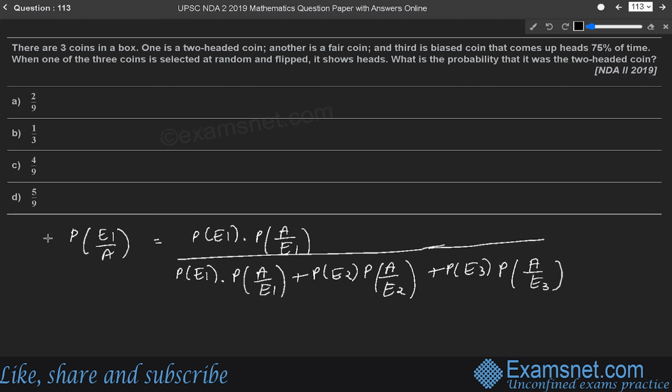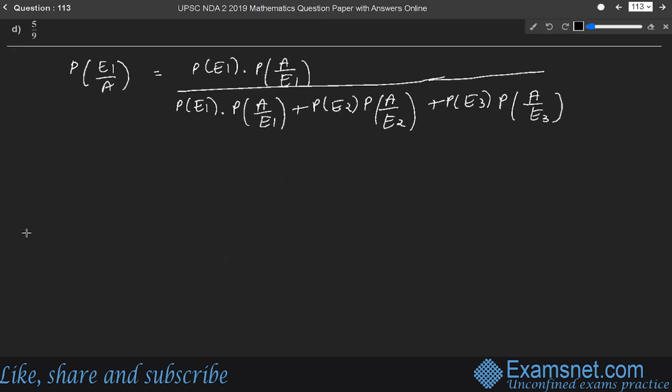So, on substituting the values, this will be equal to 1 by 3 into 1, divided by 1 by 3 into 1 plus 1 by 3 into 1 by 2 plus 1 by 3 into 3 by 4.